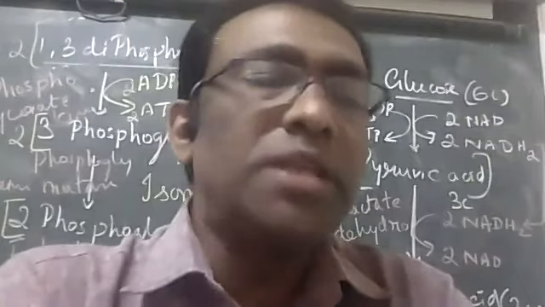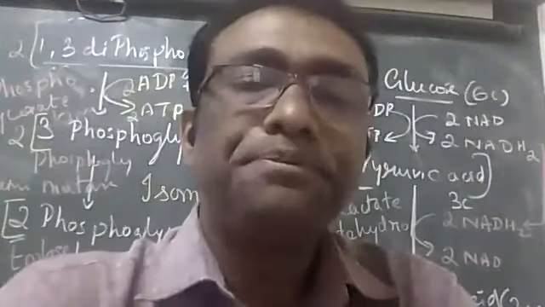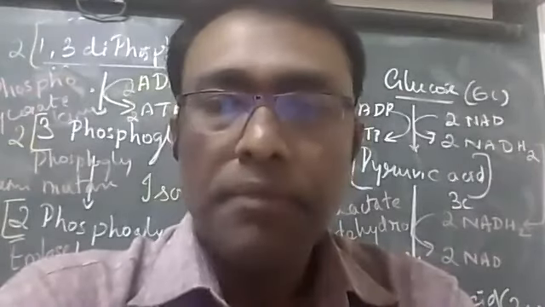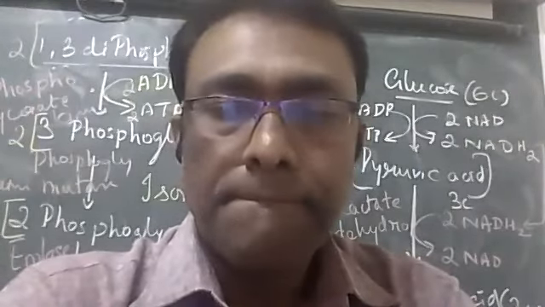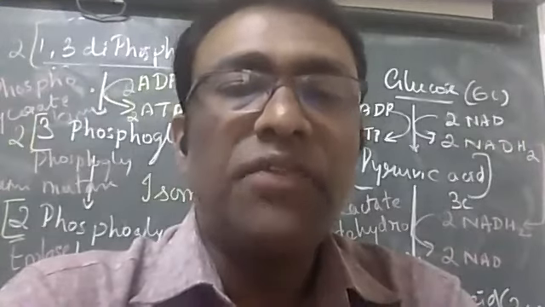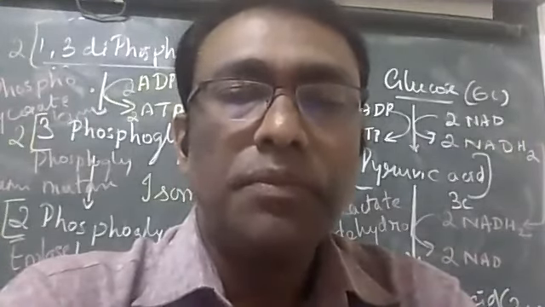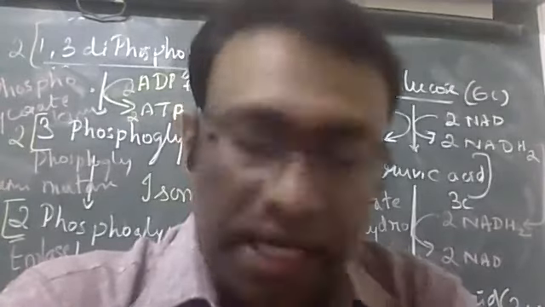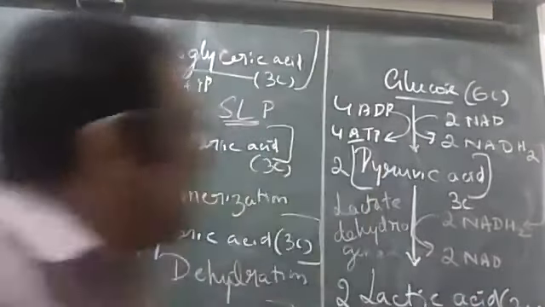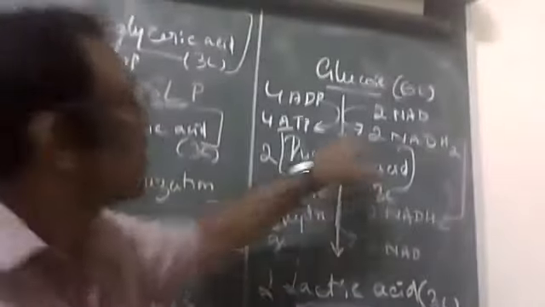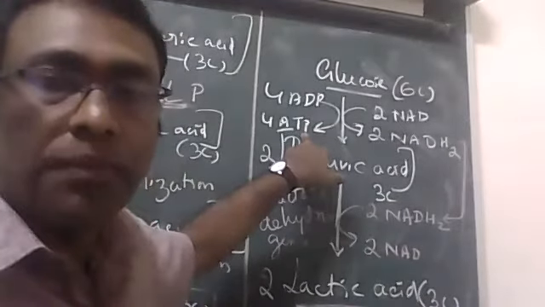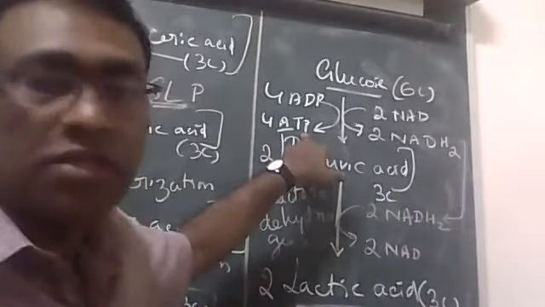Can you tell me how many ATP are generated in the PK pathway? Net gain of ATP is how much? 1 ATP. I've already explained that to you. Here, please understand, in homolactic acid fermentation 4 ATP are formed, 2 are used in glycolysis, in glucose 6-phosphate formation and fructose 1,6-bisphosphate formation.